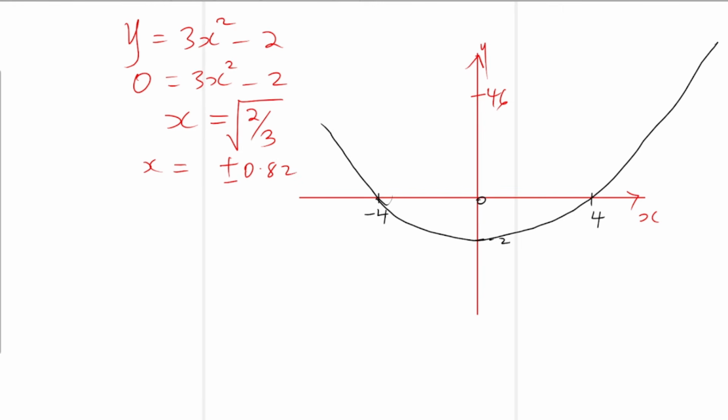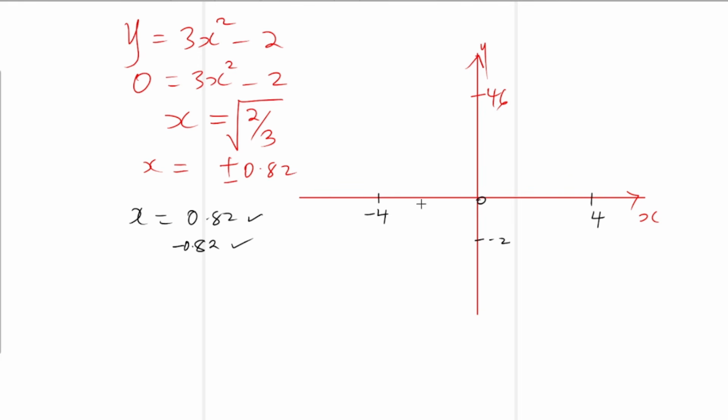There's something I've not indicated clearly. I have not indicated these values. It cuts the x-axis at 0.82 and -0.82, these two. So we can put this at -0.82, and then positive 0.82. Now if I draw it, this is just a sketch.